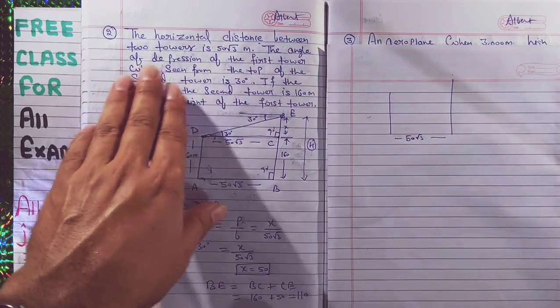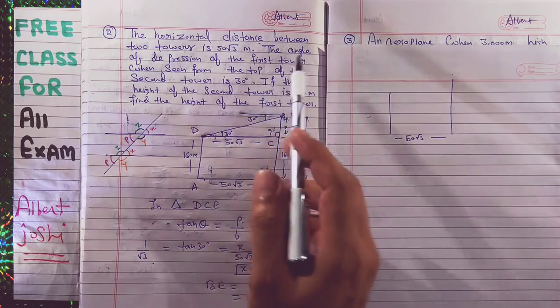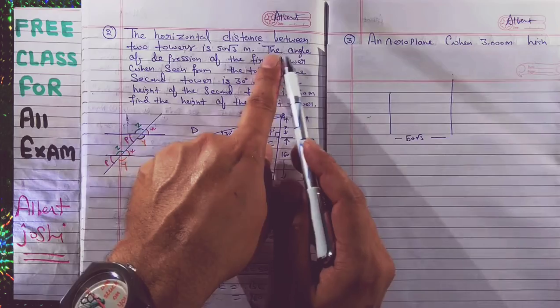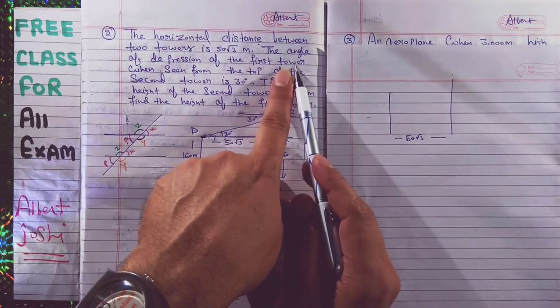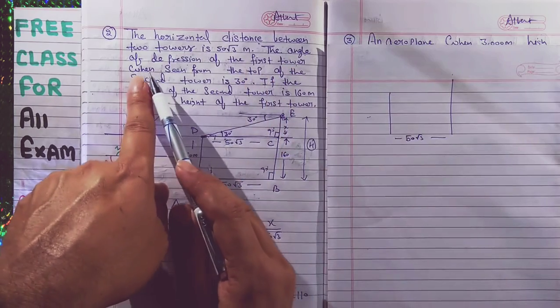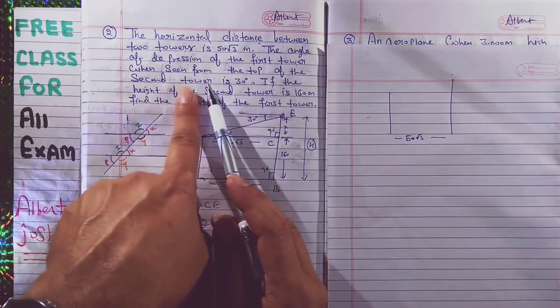The angle of depression of the first tower, you have to understand this line, the angle of depression of the first tower when seen from the top of the second tower.